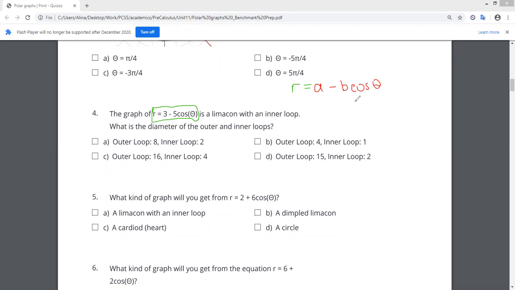We know this is the general formula for 3 different graphs: limaçon with inner loop, cardioid, and dimpled limaçon. What's the difference? It says limaçon with inner loop. Can anyone tell me what numbers I have to look at to identify that it's a limaçon with an inner loop?